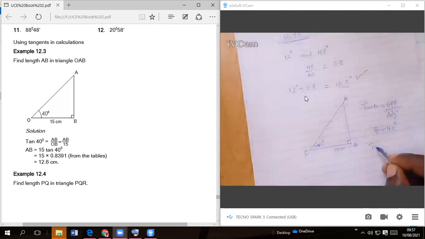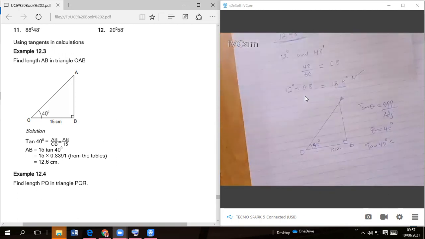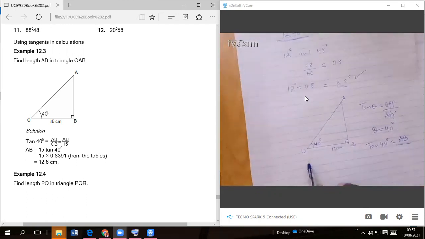So tan 40 is equal to the opposite, and the opposite this time is going to be AB, out of the adjacent, which is OB, but OB is 15 centimeters.